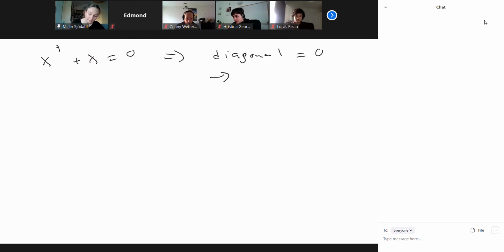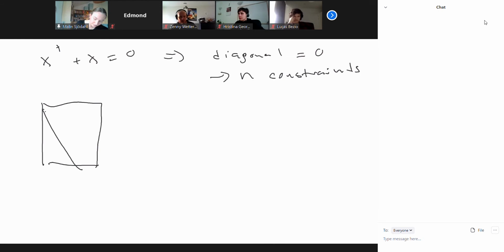And this gives us n constraints. Then if we consider the matrix of this form, so we have some diagonal and we have some upper triangle, this constraint, knowing this triangle, is fixing this triangle.